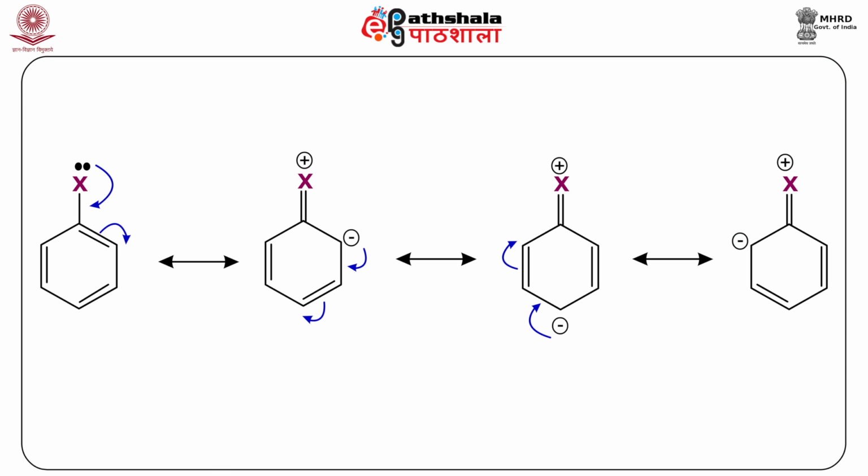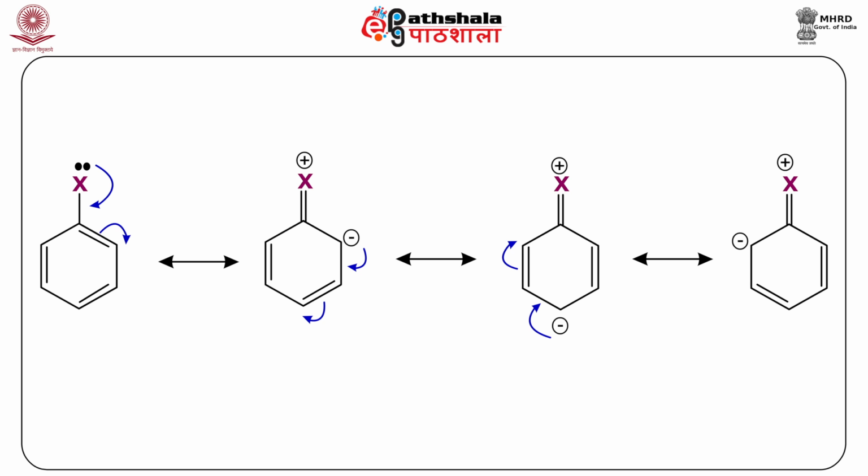These groups, with an exception of O-, show an electron withdrawing inductive effect. We also call it the minus I effect, as the atom directly attached to the benzene ring is more electronegative than the carbon to which it is attached, that is the sp2 carbon of the benzene ring.